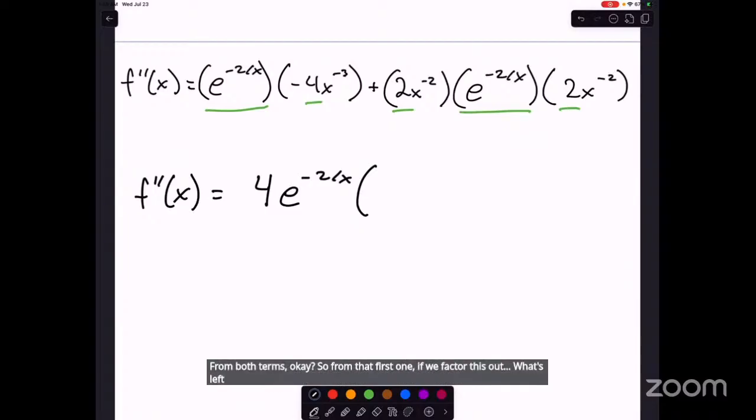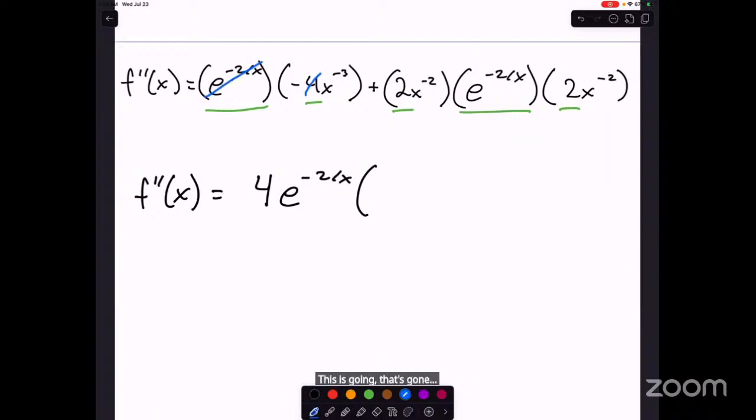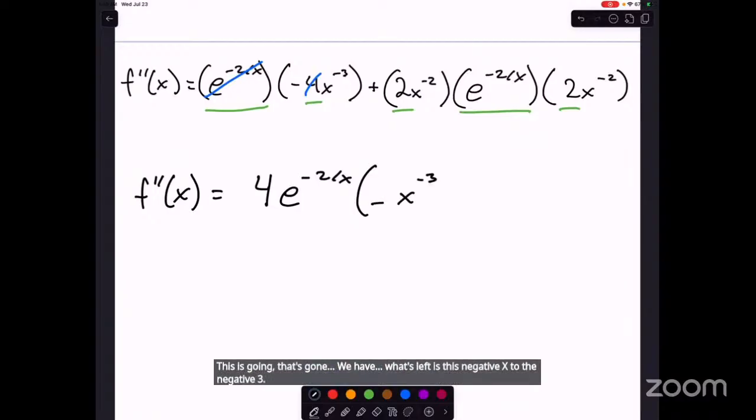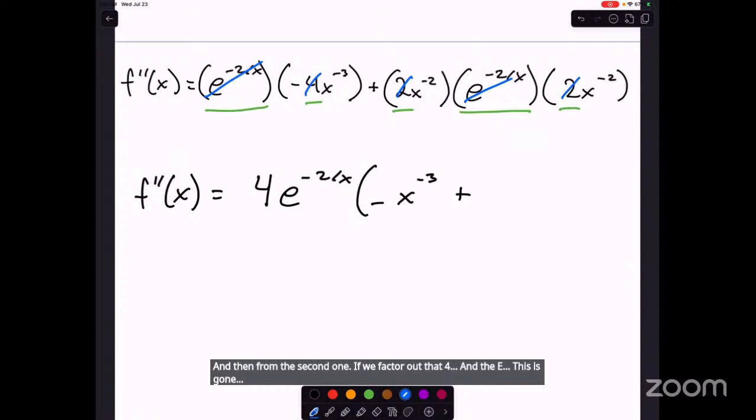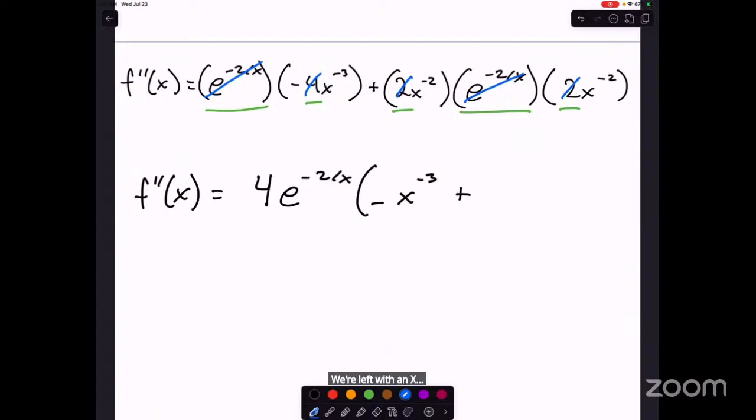That's gone here, this is gone, that's gone. What's left is this negative x to the negative 3, okay? And then from the second one, if we factor out that 4 and the e, this is gone, this is gone. We're left with an x to the minus 4, okay.